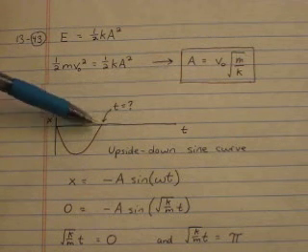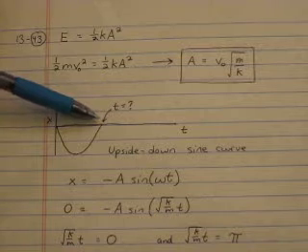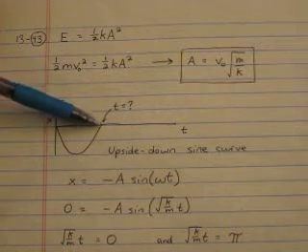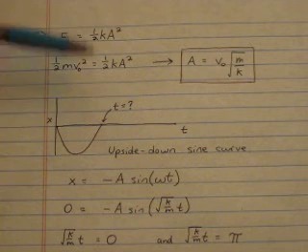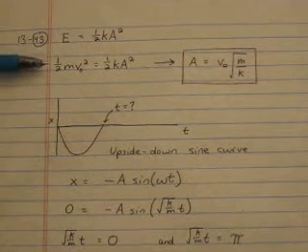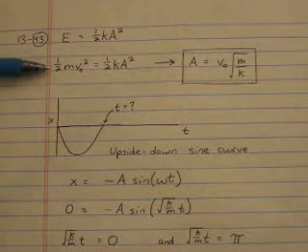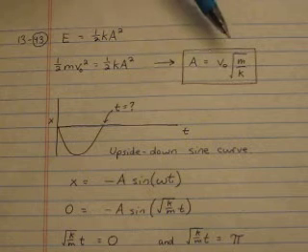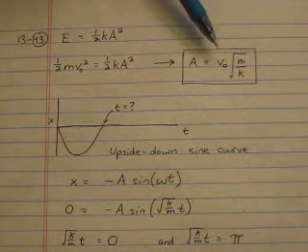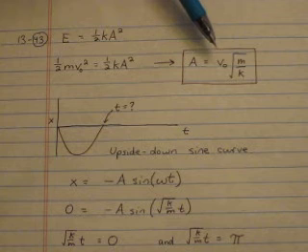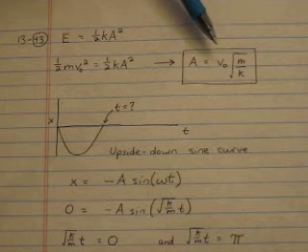And we want to know what is this value of time when it comes back up here, when the mass finally leaves it. Well, going back up to our conservation of energy equation, we can solve this for a. A is equal to v naught times the square root of m over k, where v naught is the speed the mass was going at.